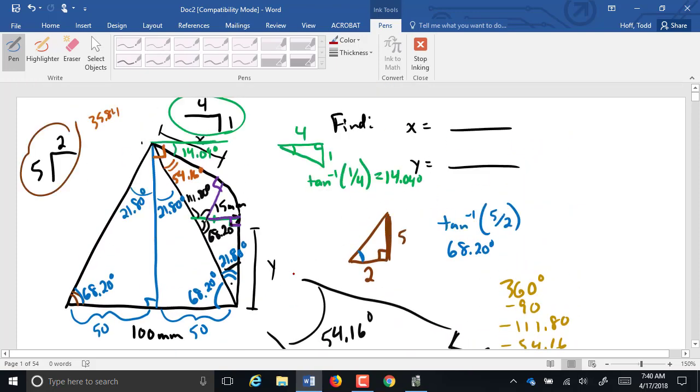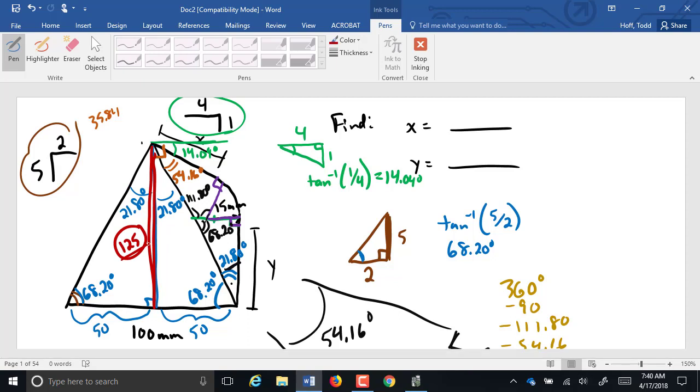So let's find the overall height right here. How am I going to find that overall height? You're making it more difficult than you have to.